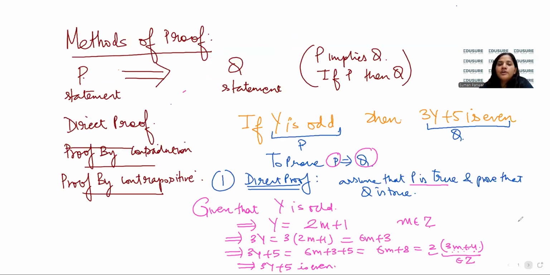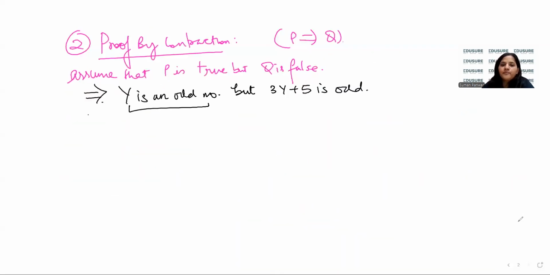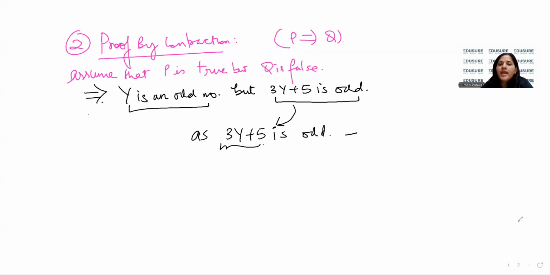So we are doing contradiction. That means we are going to assume the opposite. y is an odd number, but 3y plus 5 is odd. Okay. Now, as 3y plus 5 is odd, and 5 is an odd number.